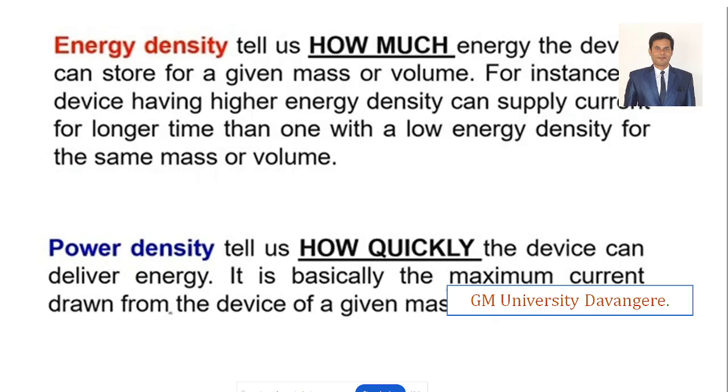So for example, for 1 hour you are going to deliver 10 amperes. For 1 hour, you are going to deliver 5 amperes. For 1 hour, you are going to deliver 2.5 amperes of current. Correct. So that is how much energy you are going to deliver in a particular time. That's why we call it ampere hour.